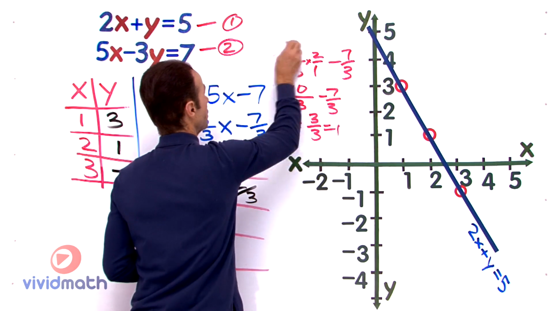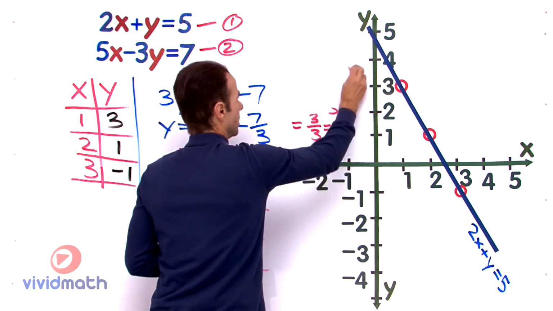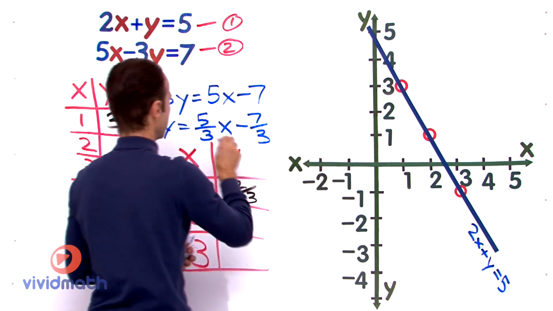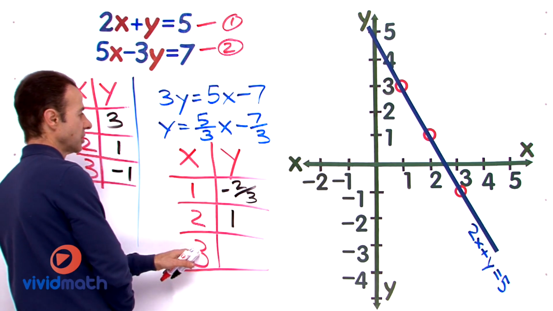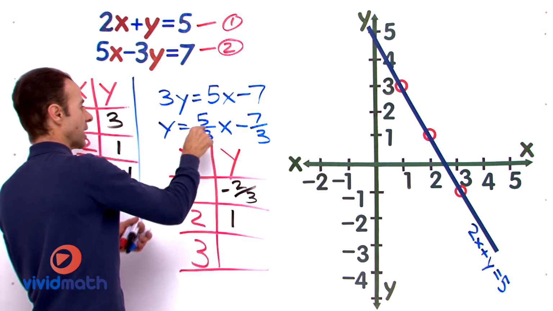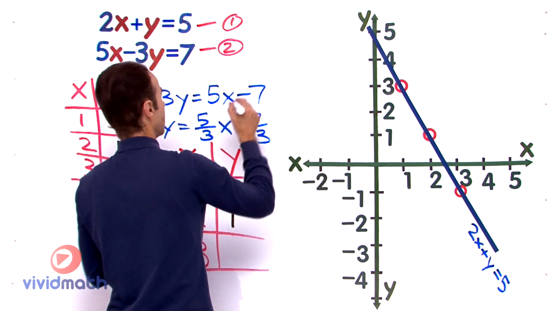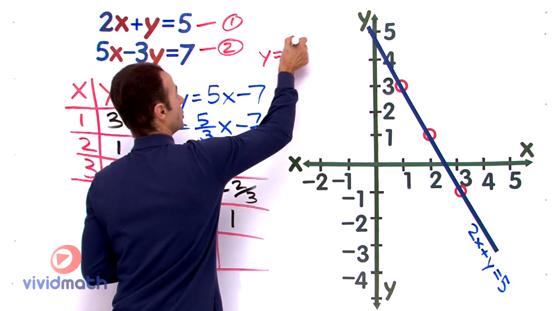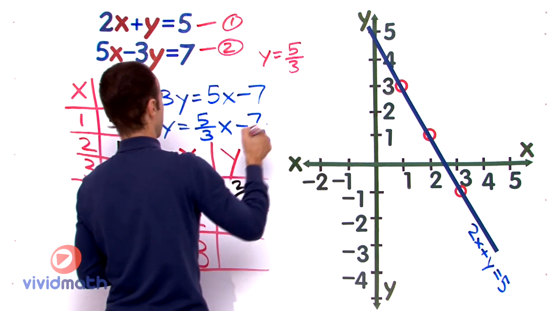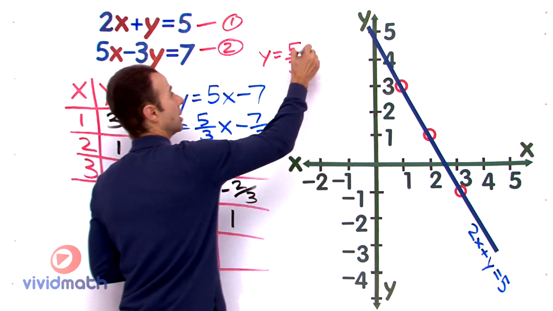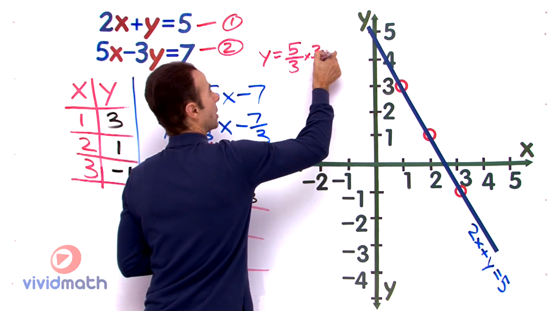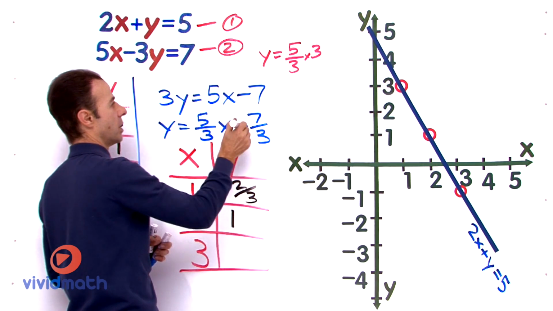Let me just create some more space. Let's go for the third point, x equals 3. Let's substitute x equals 3 on that. So that's going to give us y is equal to 5 on 3 times 3 minus 7 on 3.